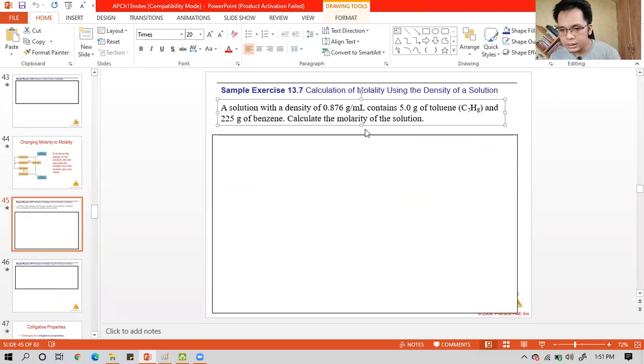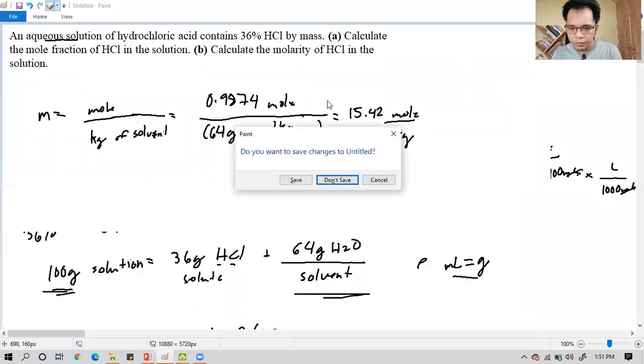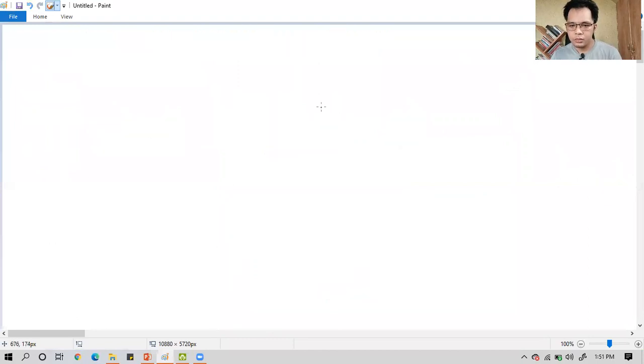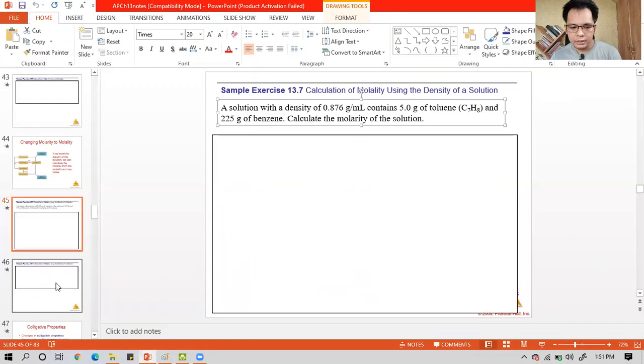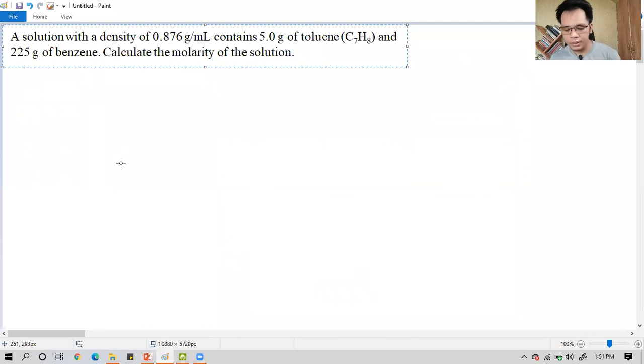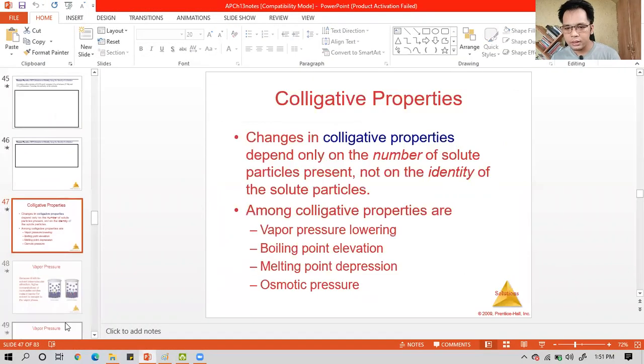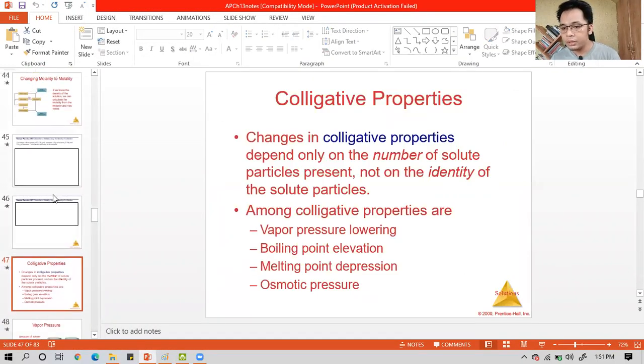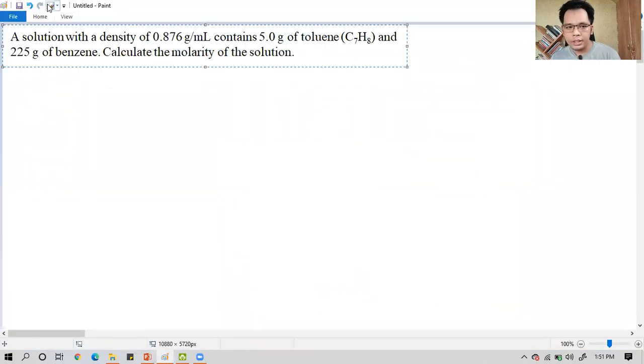Calculation of molality. Ba't molarity nakalagay dito? Okay, let's calculate both na lang, the molarity and molality. So this is our last problem, and for the part recall, that will be colligative properties. So let's calculate.